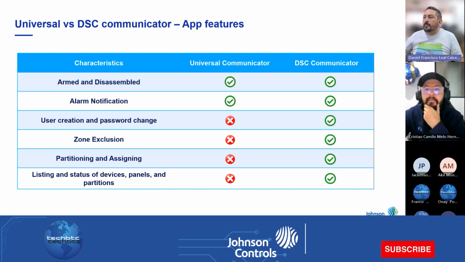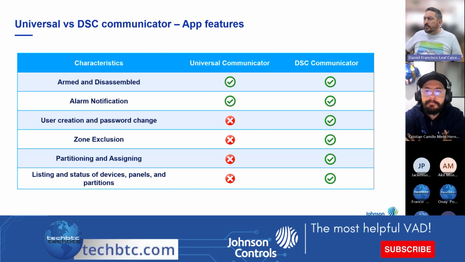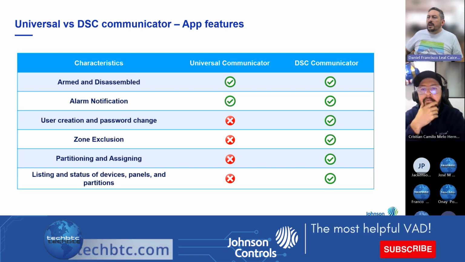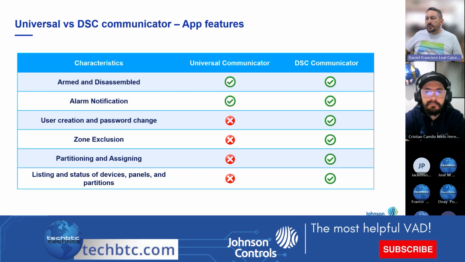This is a small comparison that I want you to understand. Our DSC communicators let us do arm and disarm, alarm notifications, user creation and password change, zone exclusion, partitioning and assigning, and listing your status on devices, panels, and partitions.